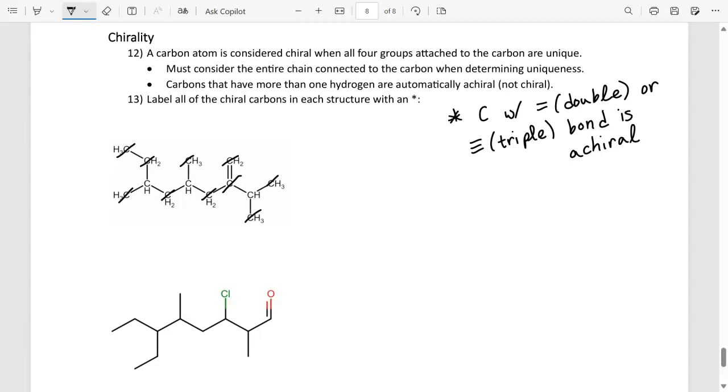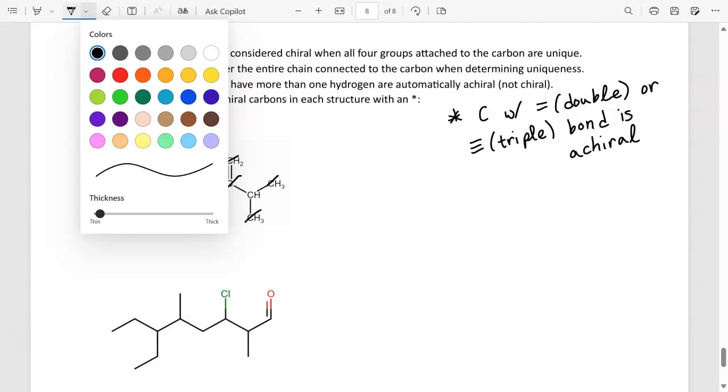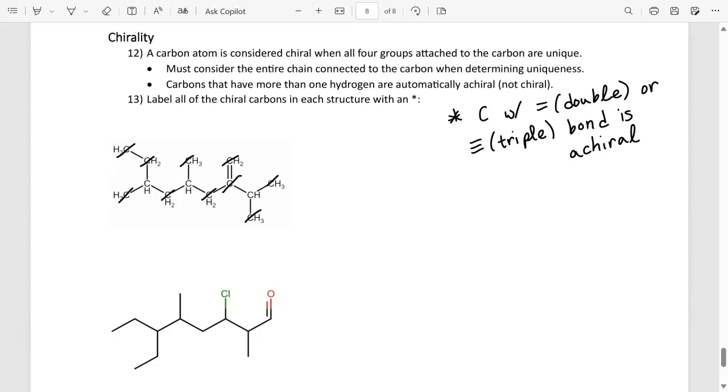So we're going to look at this first carbon on the left, and here's where it would help to have a pencil for questions like this, because I'm going to have to constantly go through and circle and then erase as I check each carbon. So if I want to check this carbon on the left, I need to check all the groups around it. And so it helps to circle. You have a 2-carbon chain coming off the top. There's a CH3 off on the left. And then on the right, we have this entire structure.